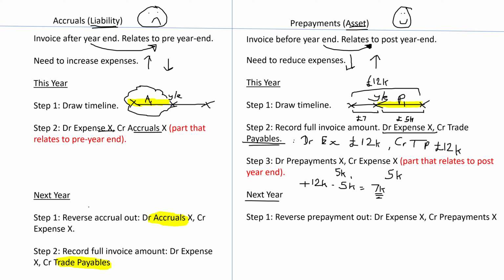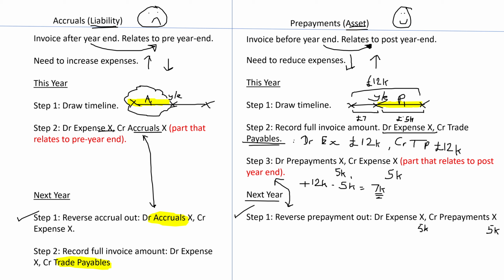Now for accruals and prepayments, step one is the same, so we have to reverse it out, and we do it by doing the opposite of step 2 in the accruals case and step 3 in the prepayments case. Now for prepayments, what's actually happening is that we're now recognizing, for the same example, an expense of 5k, and prepayments is going to be 5k. We're releasing the prepayment of 5k.